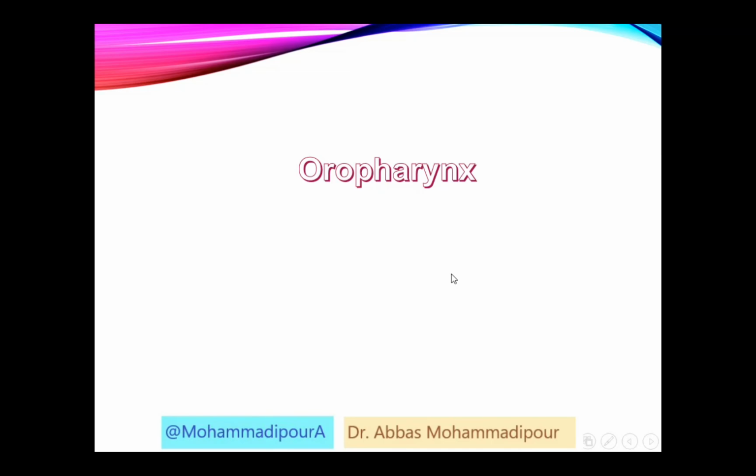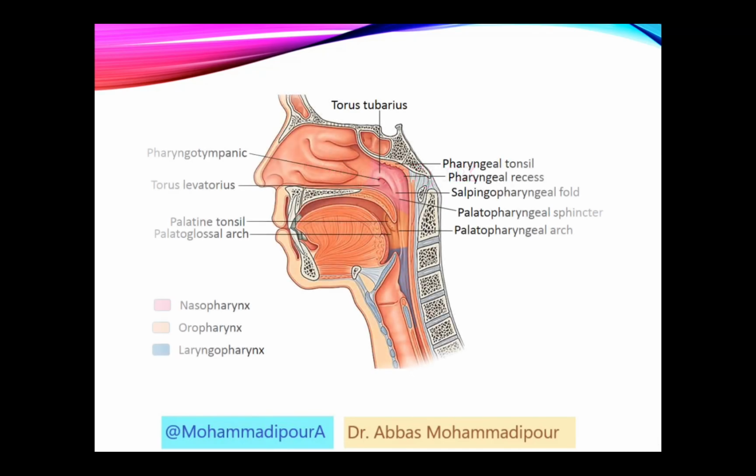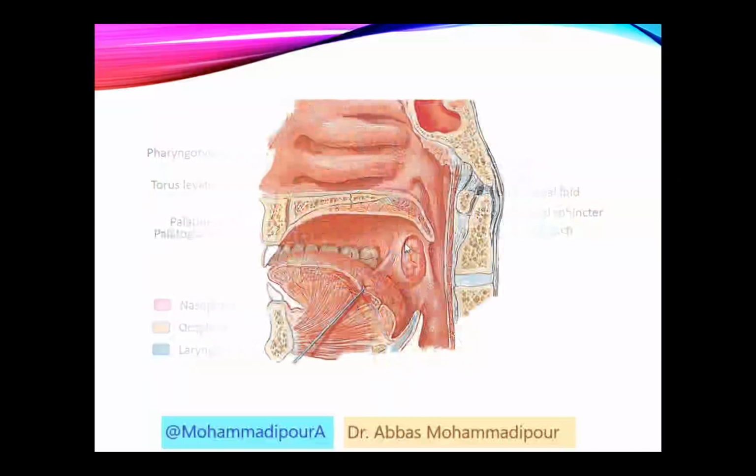Okay, let's see the oropharynx, the middle part. Here is the oropharynx, which is located between the soft palate and superior margin of the epiglottis. Here is the epiglottis, and here is the oropharynx. The oropharynx contains the palatine tonsils.